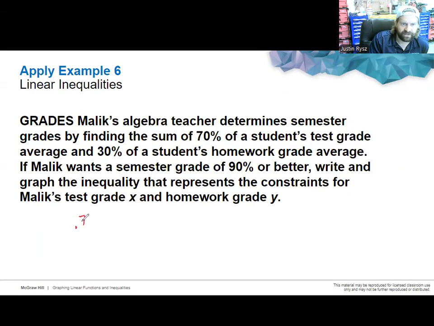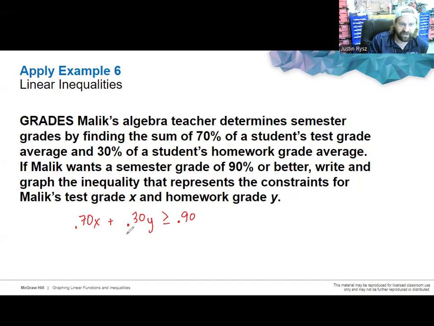So we can say 0.70x plus 0.30y has to be, if he wants a grade of 90% or better, greater than or equal to 0.90. Technically we would get an equivalent line if we used 70 and 30 instead of 0.70 and 0.30, and same thing with 0.90. I always think if I see a percentage, I'm going to change that to a decimal.